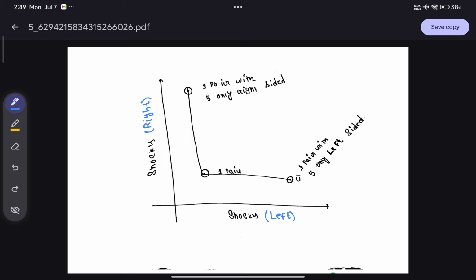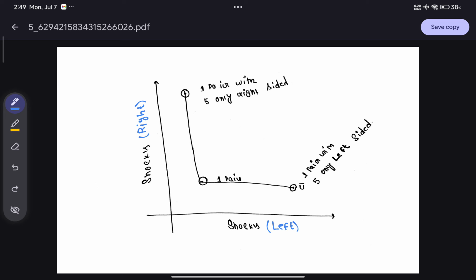I discuss this entire diagram with the help of an example of socks. Now you can see that on the x-axis we have the left socks, and on the other axis the right socks. Very simple.